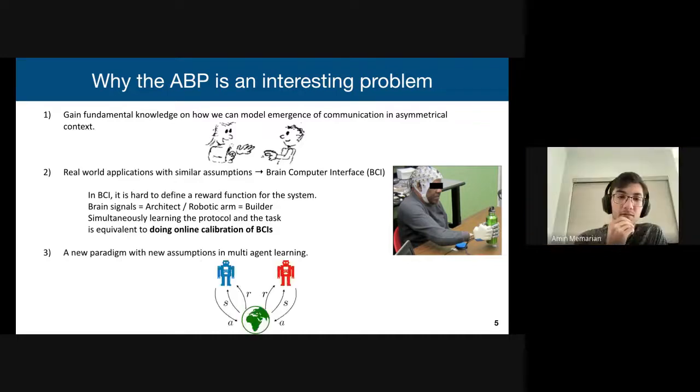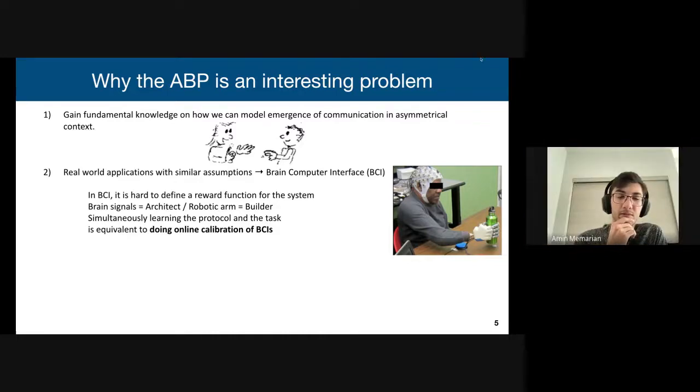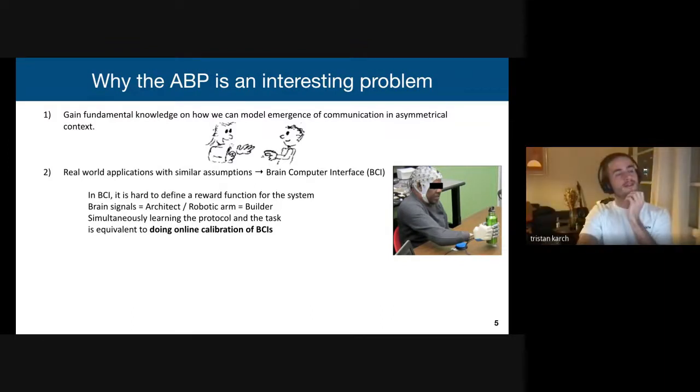One question. Can you clarify what you mean by emergence of communication? My impression was that the communication channel was already established. Yes. So there is a medium for the agents to communicate, but then the builder needs to associate a meaning with each message. So when we say that communication emerges, it is that initially the messages have no meanings.